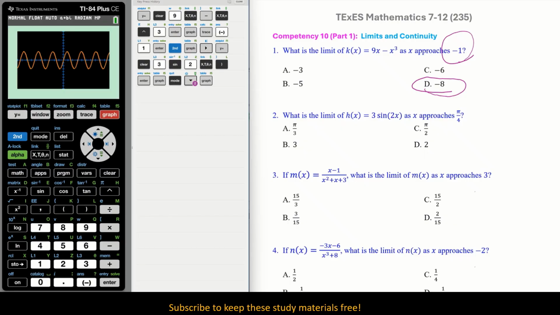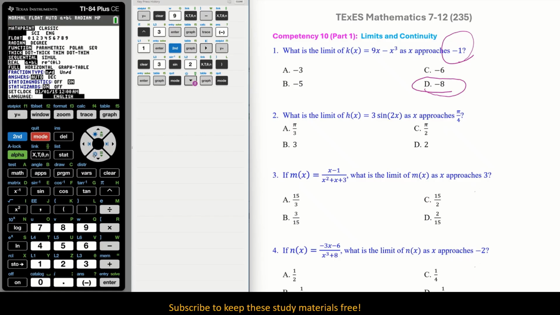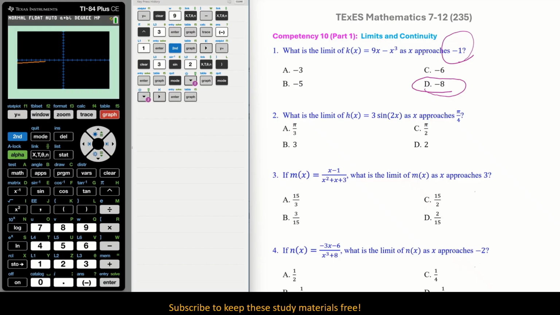Now, let's say before you even do that, this is another option. This is the best way for me to show you. Let's go over and put it in degrees. Let's graph. Oops, that looks silly. Don't do other things.